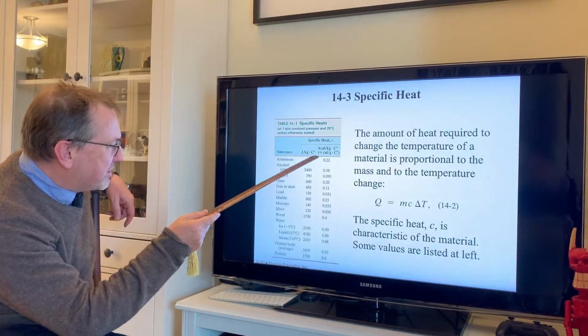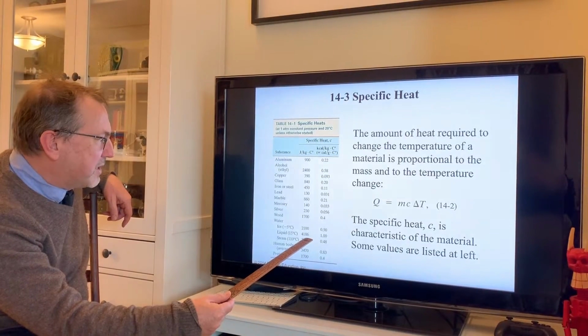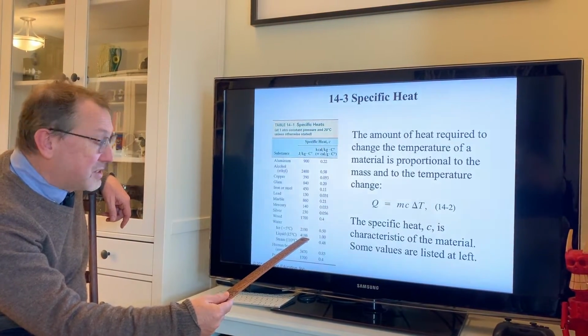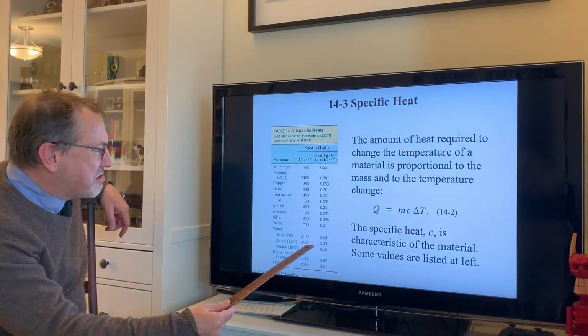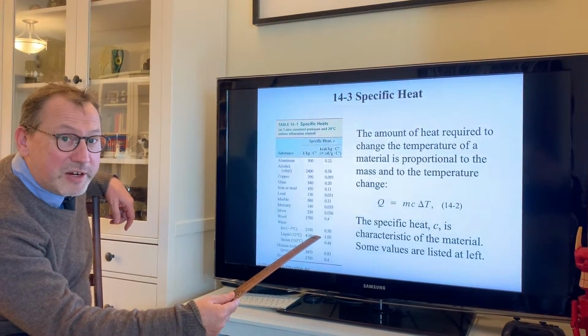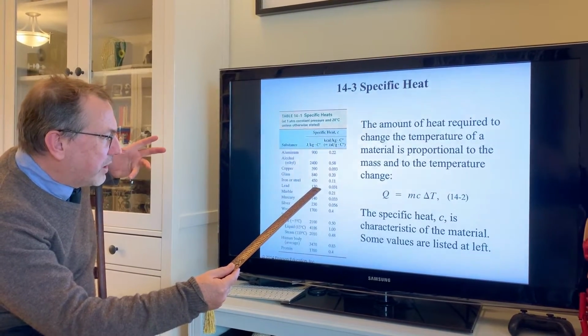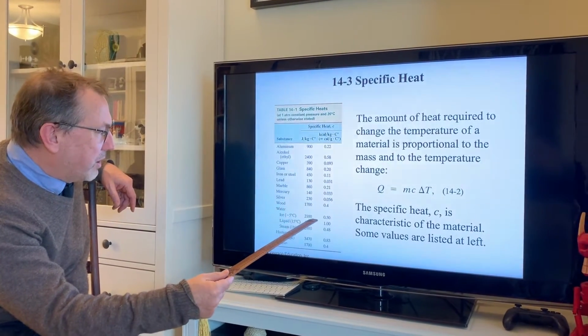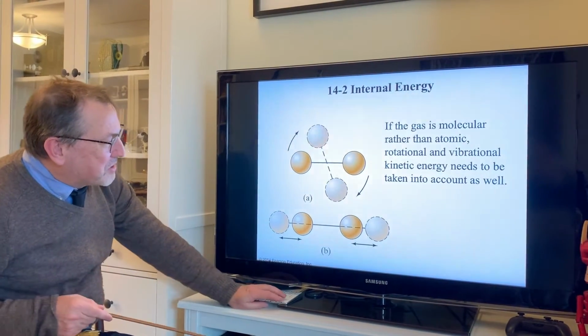If we contrast that with water, here, 4186, you can see it takes a lot of energy to heat water up, doesn't it, right? 4,186 joules to heat a kilogram by 1 degree centigrade compared with lead, which is 130. Why the difference? Well, when I was talking about the gas, that's why I was emphasizing this point.